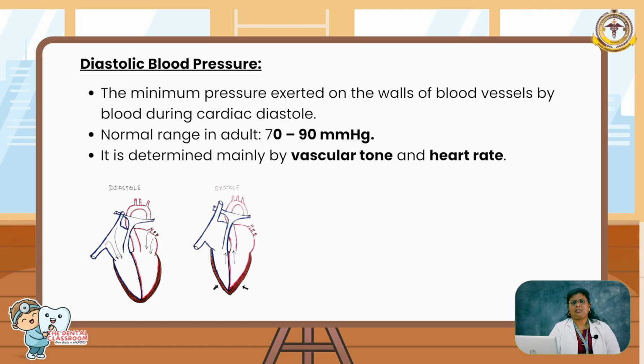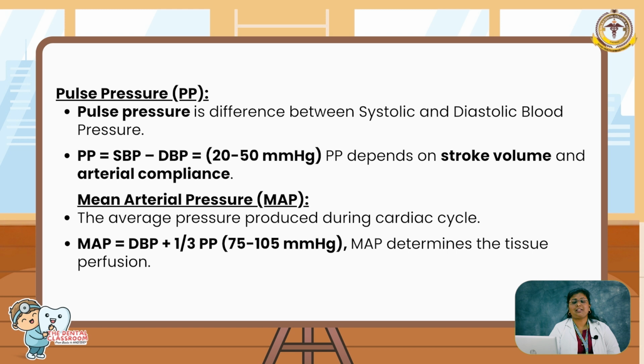Other than diastolic and systolic blood pressure, we should know what pulse pressure and mean arterial pressure are. The pulse pressure is the difference between systolic blood pressure and diastolic blood pressure. It should be within the range of 20 to 50 millimeter of mercury. Mainly it depends on the stroke volume and the arterial compliance.